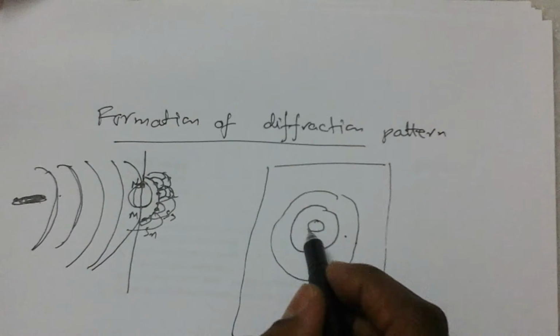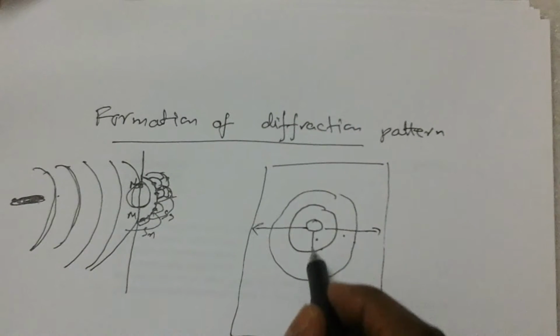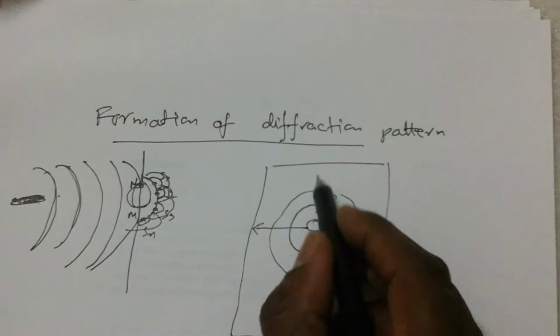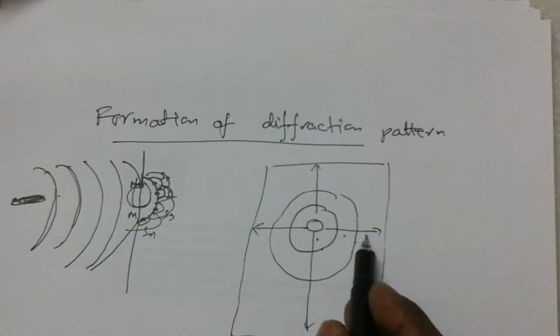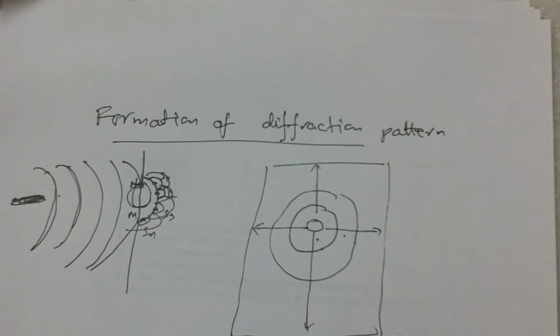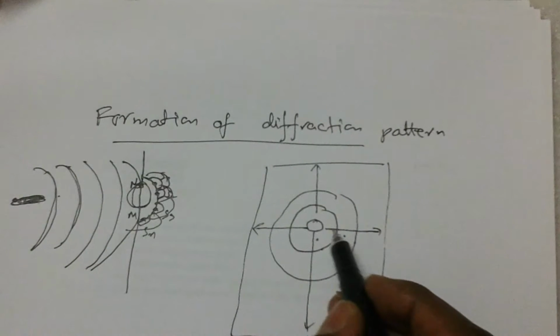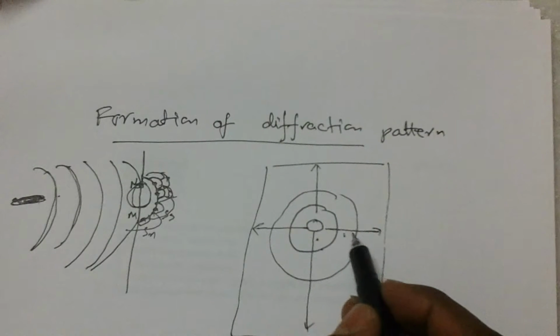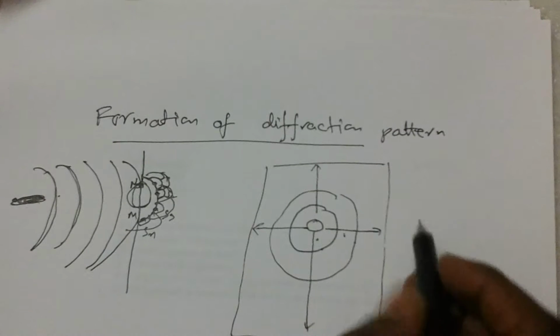As you go to the left side, the right side, down, or top, as you go in any direction from the center, the intensity of the bright fringe decreases, the bright fringe disappears and appears totally dark. If you go this side, up to a certain extent bright to dark fringes exist. The bright fringe intensity gradually decreases and finally becomes dark.